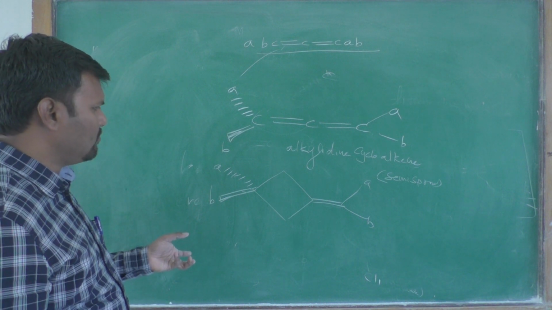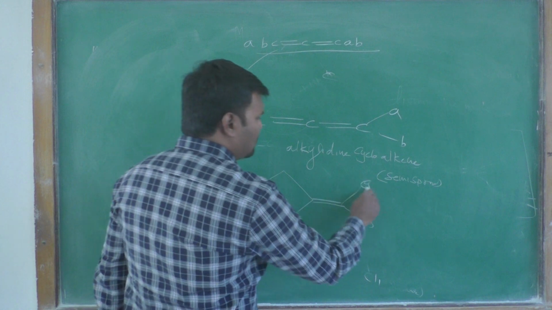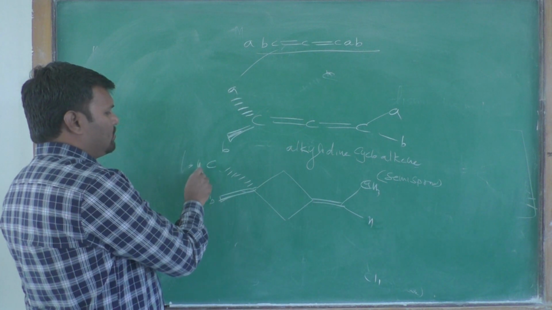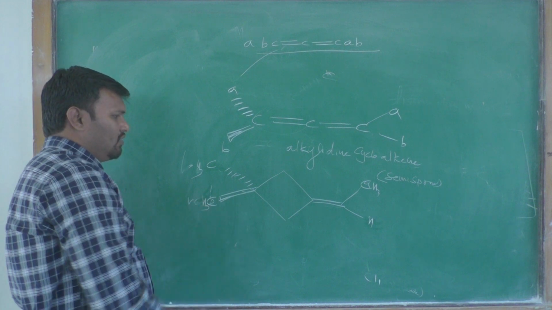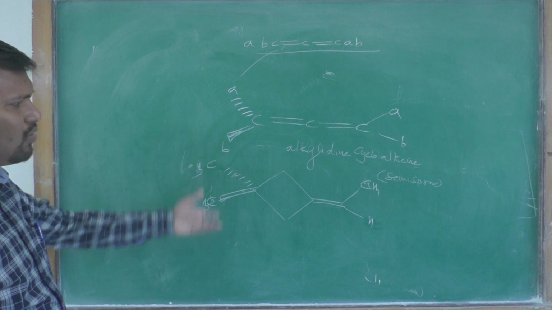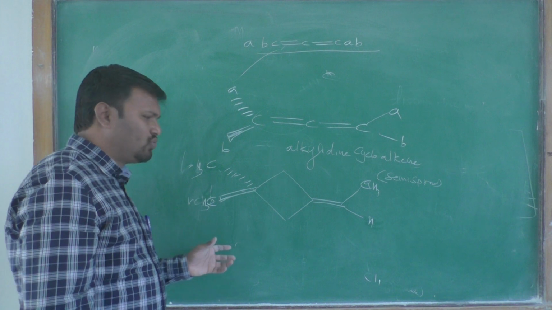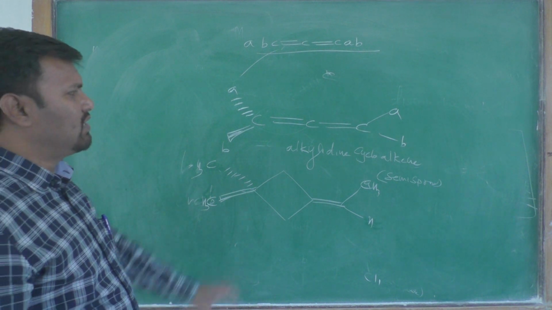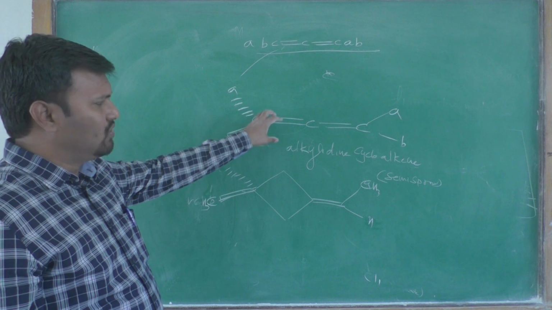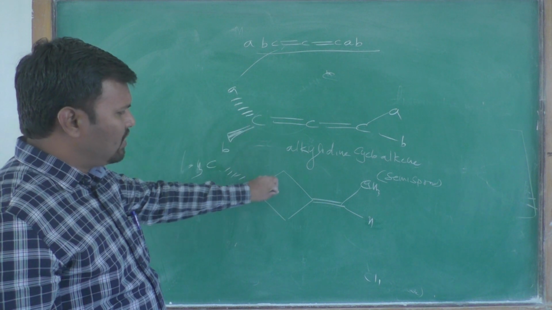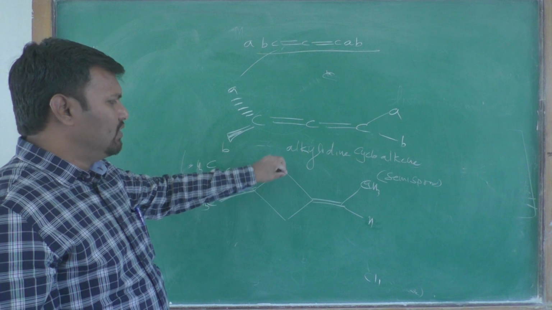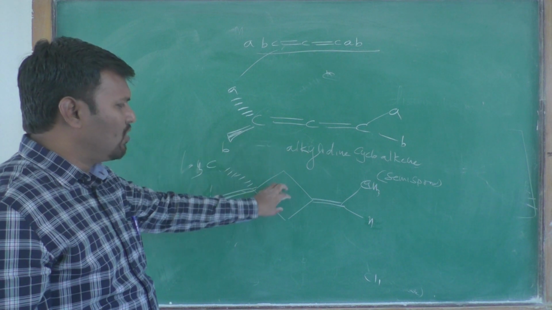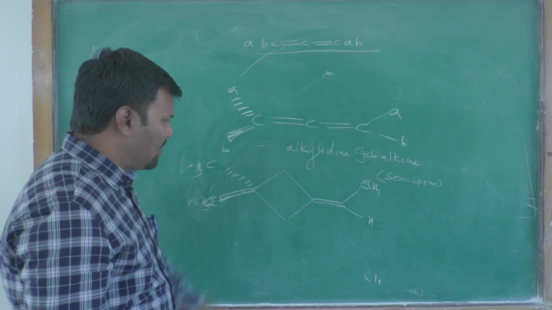Now if you replace this with CH3 and hydrogen, such a compound is an alkylidene cycloalkane compound, and it also shows optical activity like the allenes, and its geometry is not changed when you replace one of the double bonds with the ring.